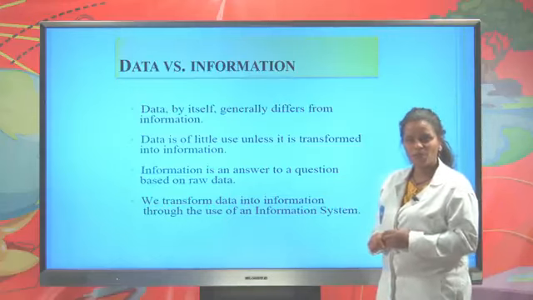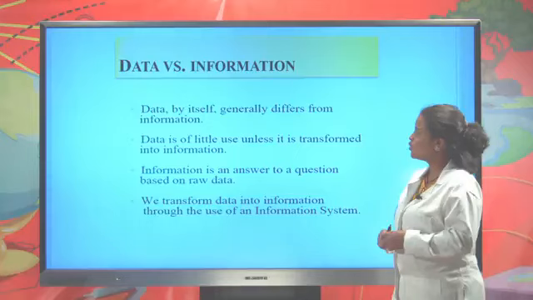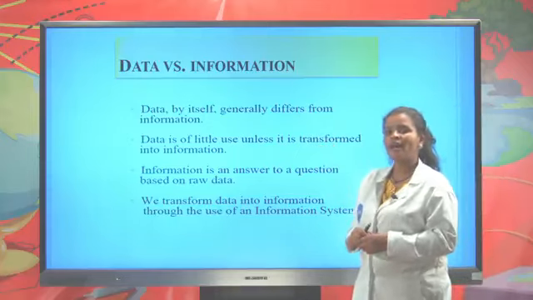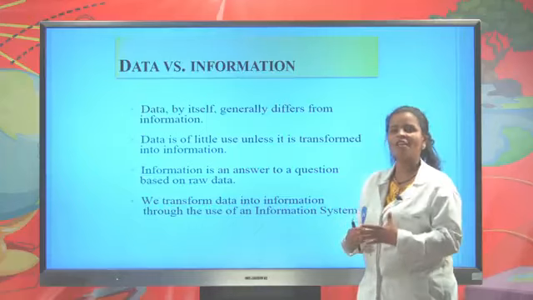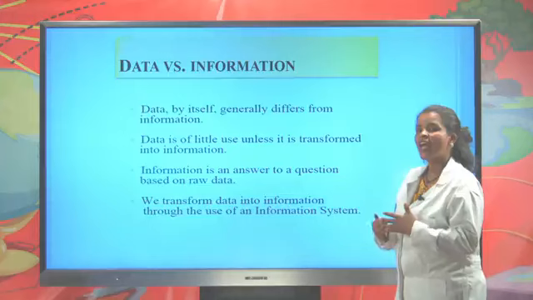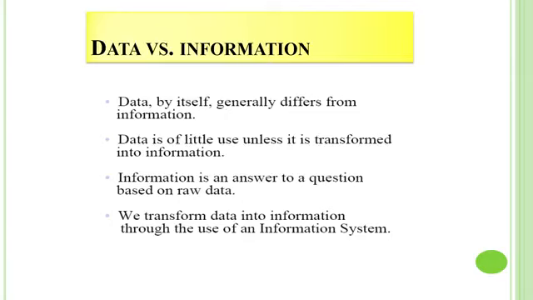What is the difference between data and information? Data by itself generally differs from information. Data is of little use unless it is transformed into information. Information answers different questions after processing.